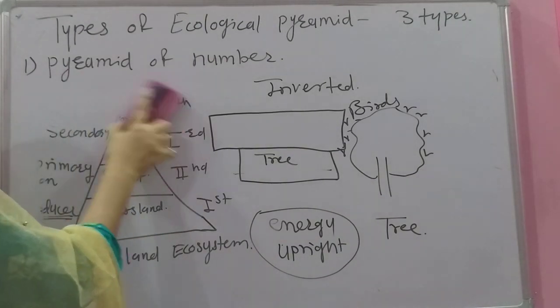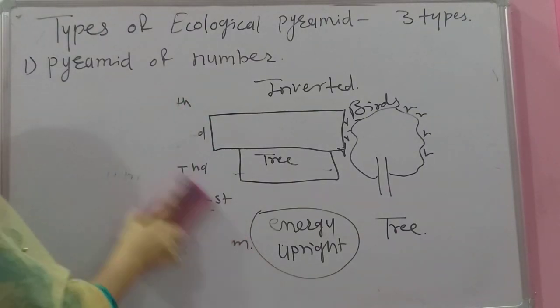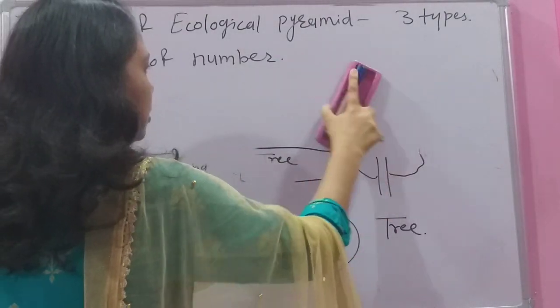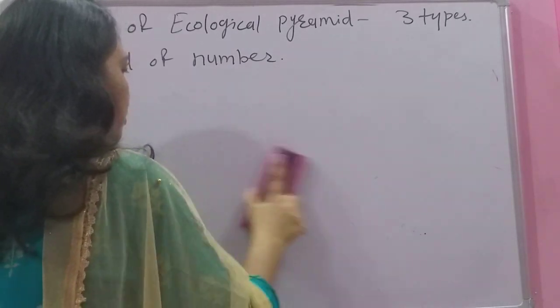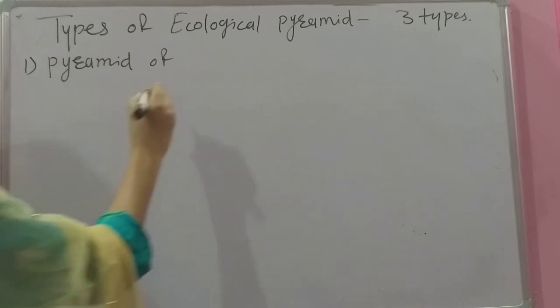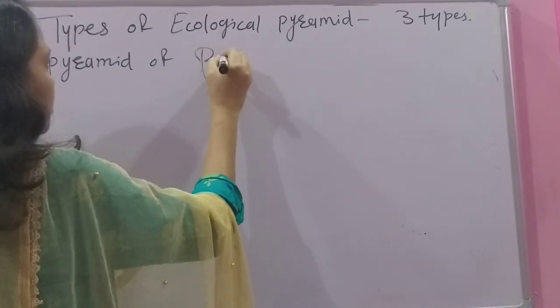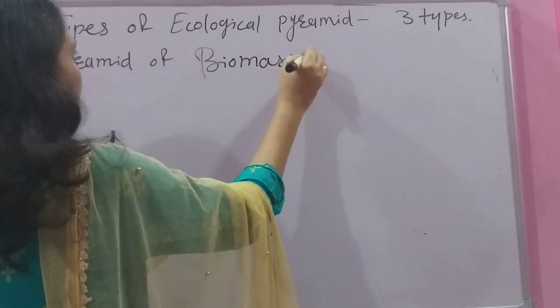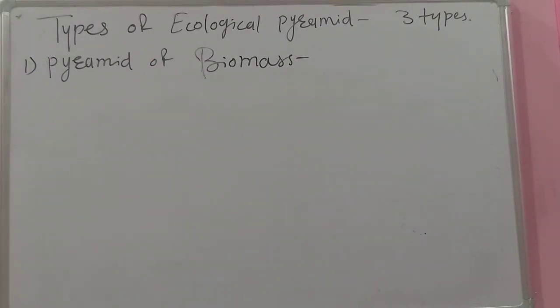Then the second type is the pyramid of biomass, meaning how much biomass is present at each trophic level. The calculation of the biomass at each trophic level.